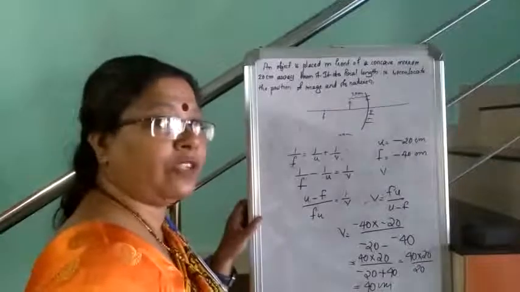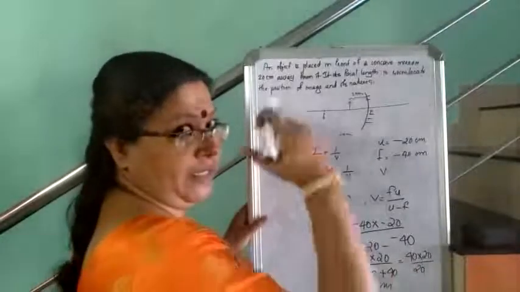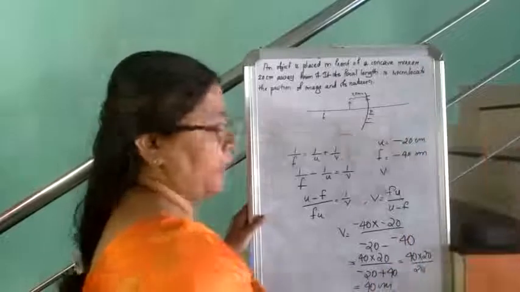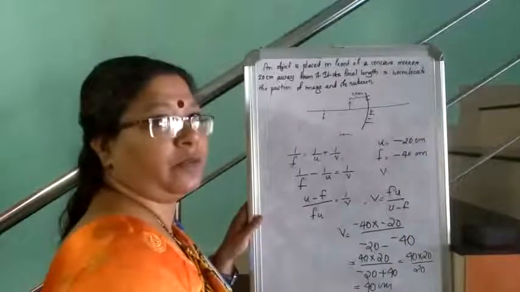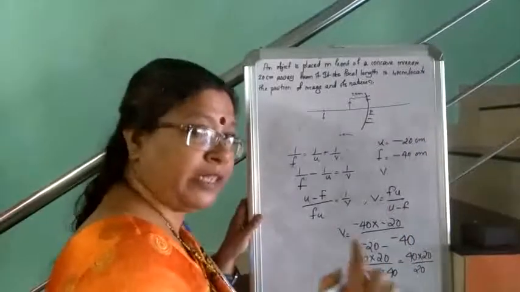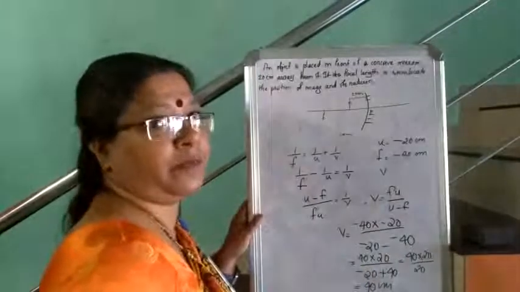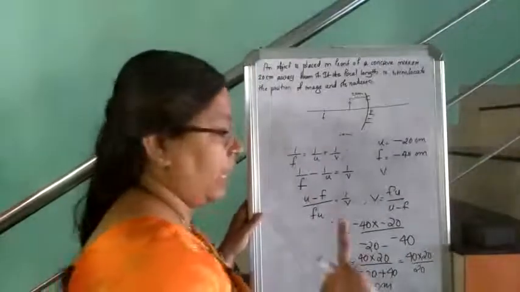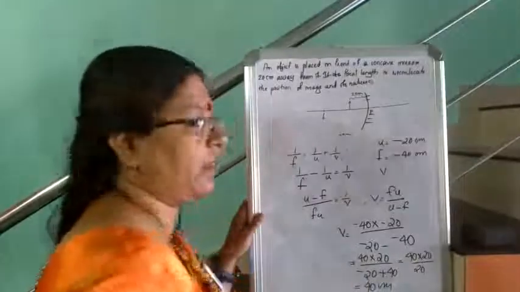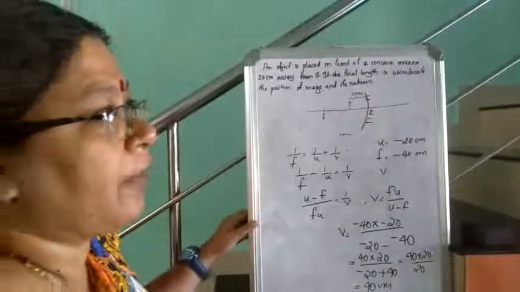So what will be the nature of the image? Since it is inside the mirror, it is a virtual image. Virtual image means it is an erect image. Understood? So since V is positive, how will you write the nature of the image?